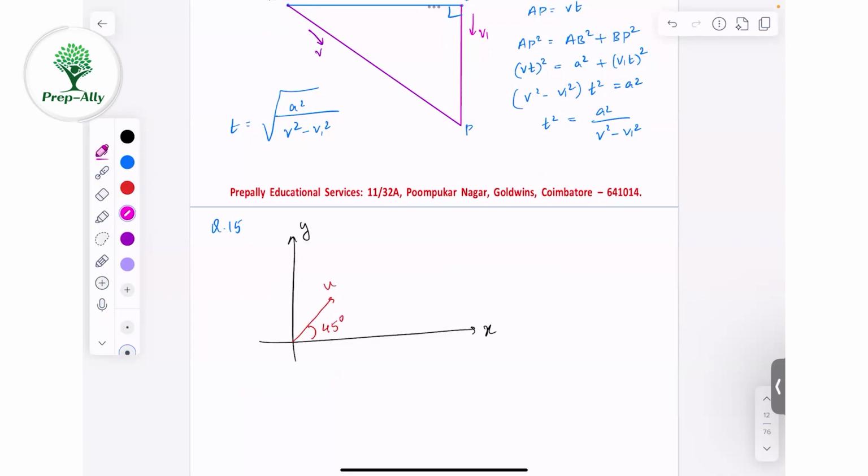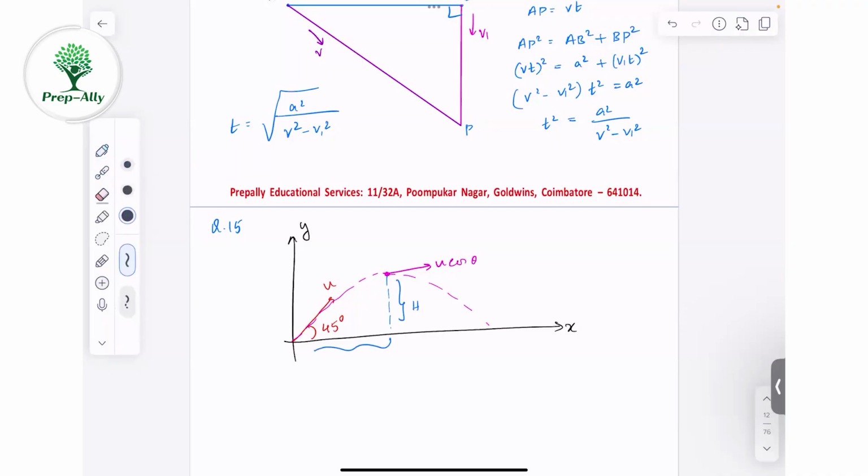So the body's trajectory might look, say, something like this. Now, let us say that this is the highest point and here the velocity clearly is horizontal, u cos theta. Now this height is going to be the body's maximum height. Then this horizontal distance is going to be half the maximum horizontal displacement, which is half the range.